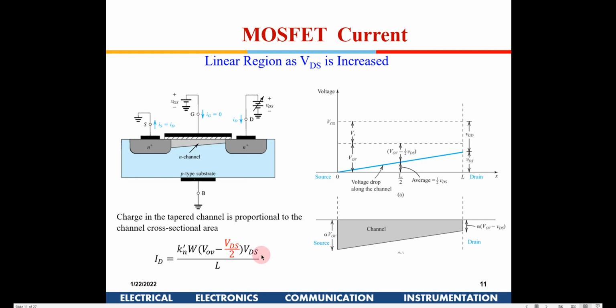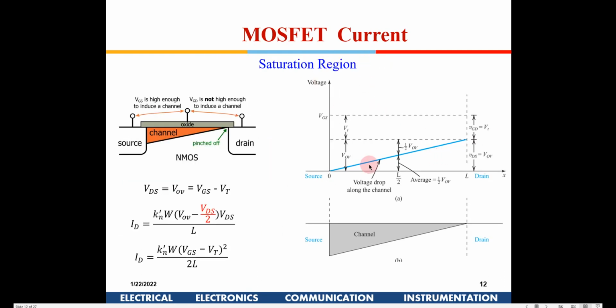Now if you further increase the drain voltage, this line is going to reach here, where VDS is equal to the overdrive voltage. Now when VDS becomes V overdrive, the potential between the gate and the drain will be the threshold, right? So it has come almost to the pinch off region, because now there is no overdrive voltage available if you keep increasing.